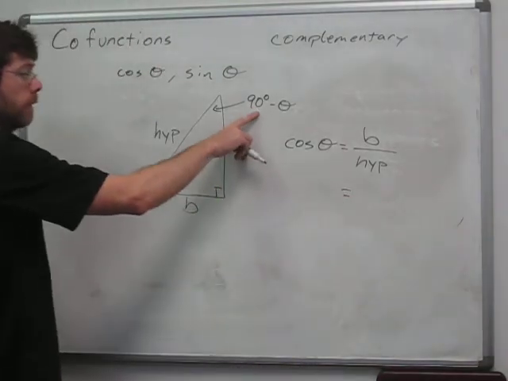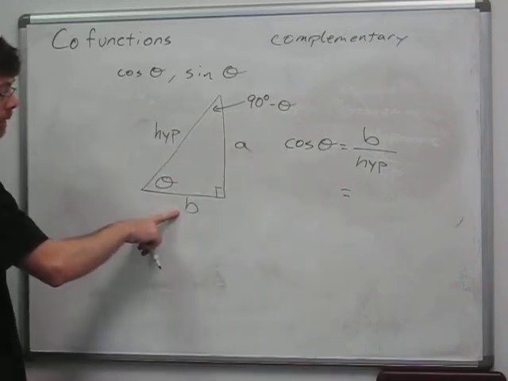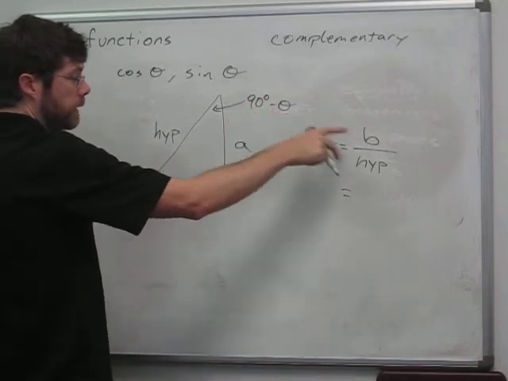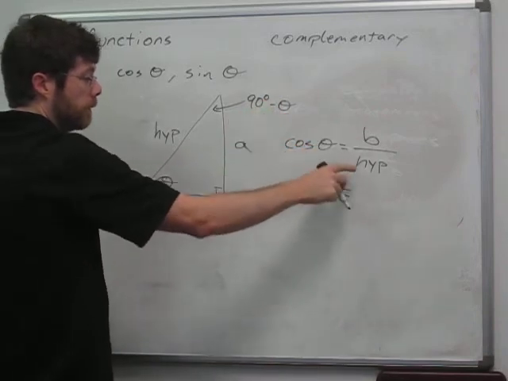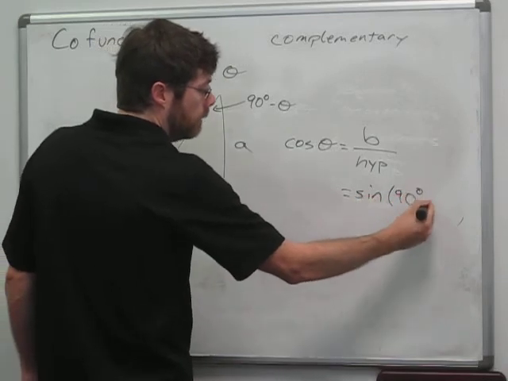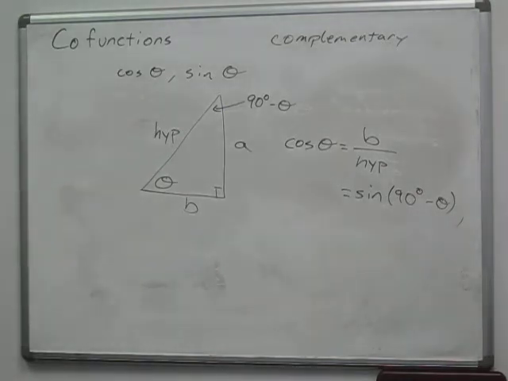Well, from the point of view of 90 degrees minus theta, B is the opposite, right? So from the point of view of 90 degrees minus theta, this is the opposite over the hypotenuse. So it's exactly the sine of 90 degrees minus theta.